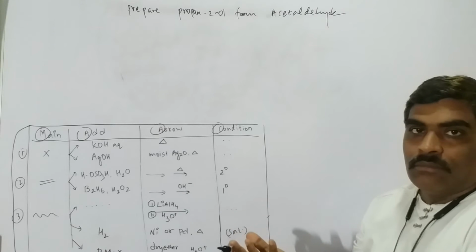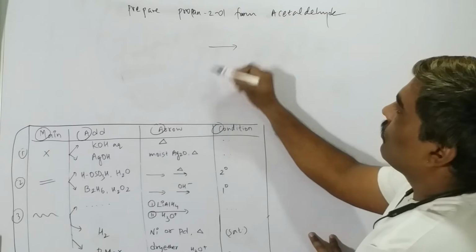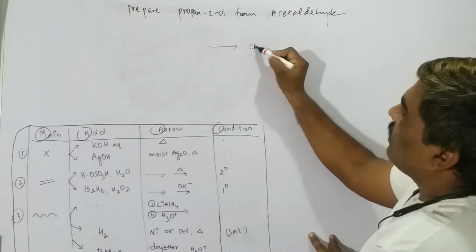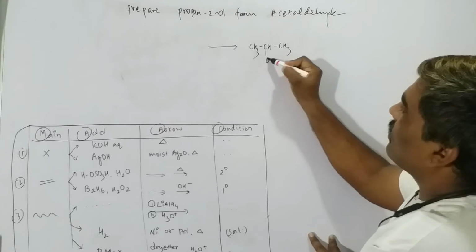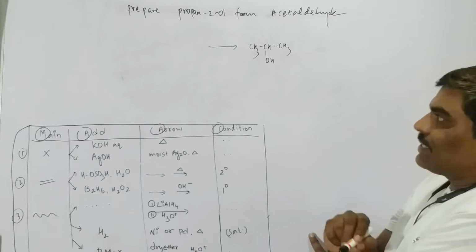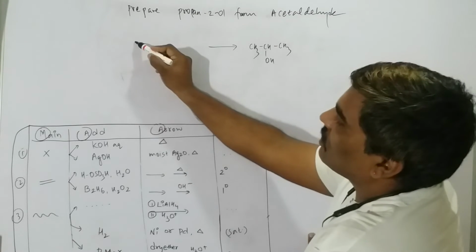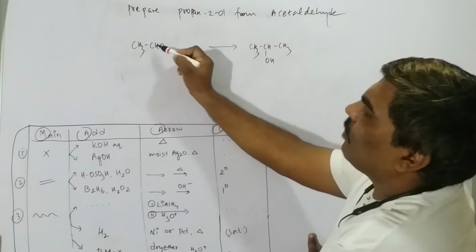Again, our method is, first you write an arrow, try to write the product which you want. The product is propanol from acetaldehyde. The structure of acetaldehyde we can write like this also, no problem.